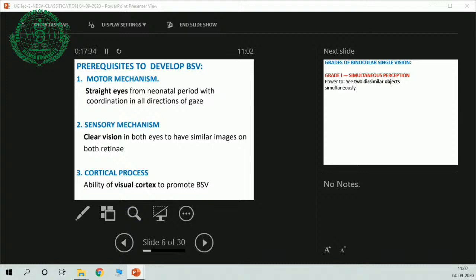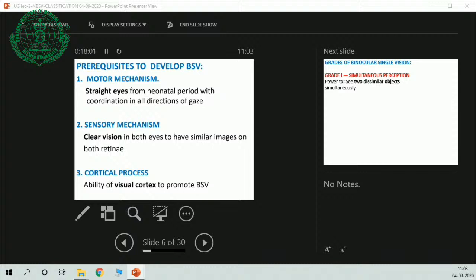No way. So the sensory mechanism from both eyes must have not only clear vision, but the quality and the quantity of the vision also has to be similar. Then only will binocular single vision be there. I am talking about perfect binocular single vision, not some part of it. We will go later slowly to the grades of binocular vision.